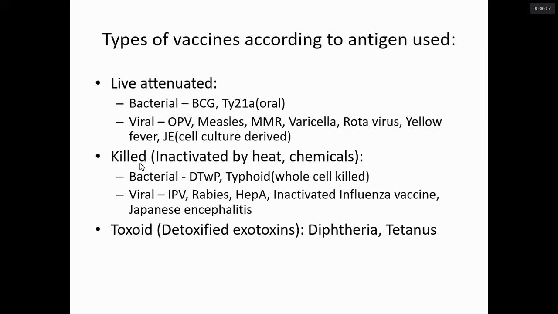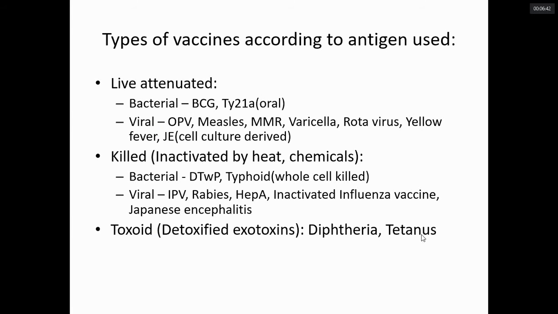Killed vaccines are inactivated by heat or chemicals, and killed vaccines are DTwP, meaning diphtheria, tetanus, and whole-cell pertussis vaccine. Typhoid injectable is a killed vaccine, and oral typhoid is a live attenuated vaccine. And injectable polio vaccine, rabies, hepatitis A, inactivated influenza vaccine, Japanese encephalitis. There are different types of Japanese encephalitis vaccine also. Some are live attenuated and some are killed.